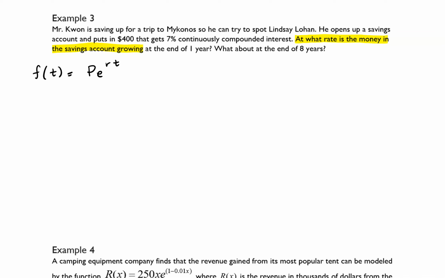I give my students just a mnemonic device to remember this. If you didn't know, Pert is a brand of shampoo. And continuously compounded interest means that you are getting interest all the time, even in the shower when you are using your Pert shampoo. So it's kind of corny, but that's how I remember it.